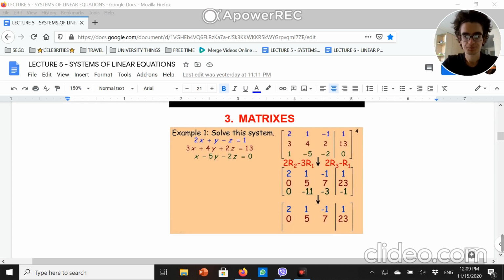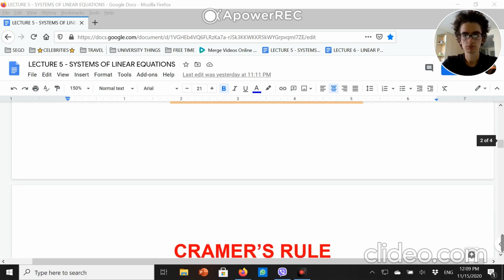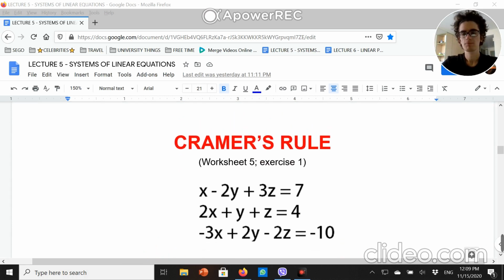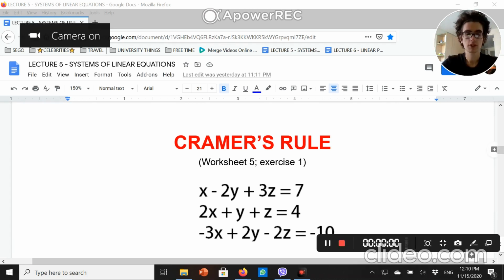So let's go now to see what I mean by Cramer's rule, and we're gonna start with an example immediately so that I can actually show you what I mean. This example is from our worksheet 5, exercise 1. x minus 2y plus 3z equals 7 would be the first equation.